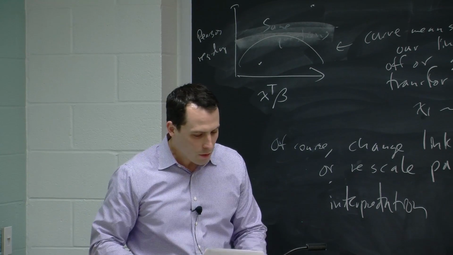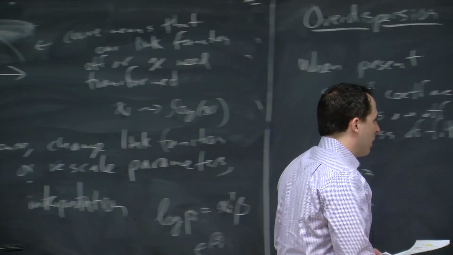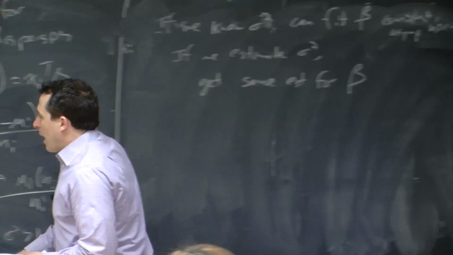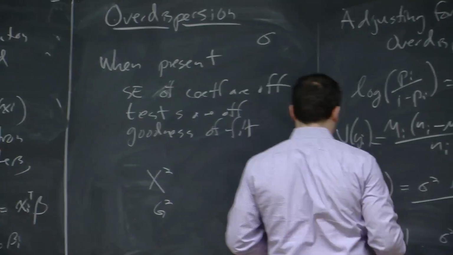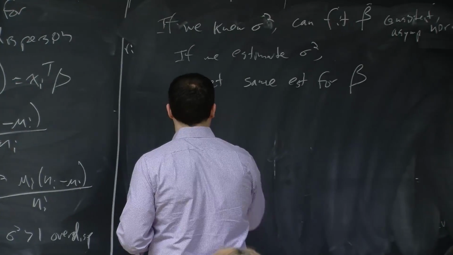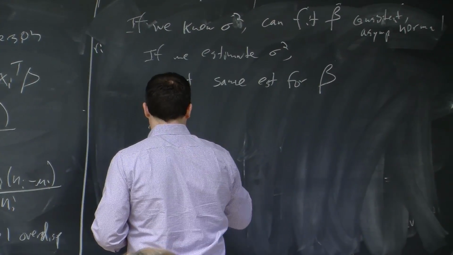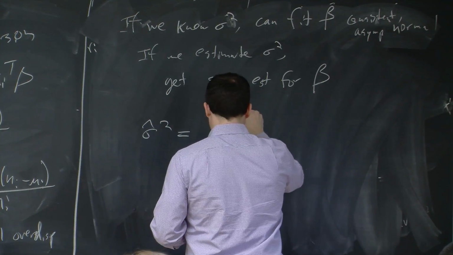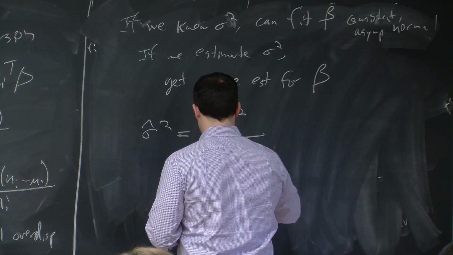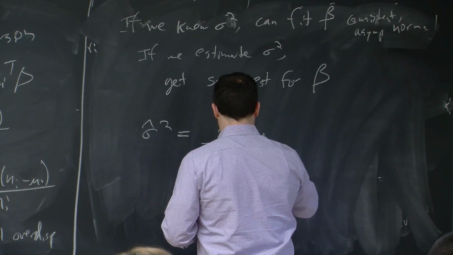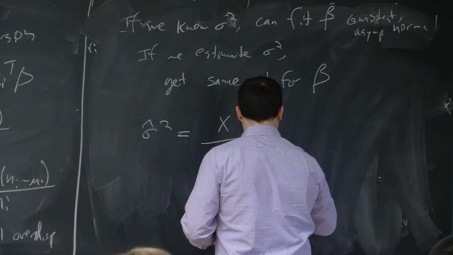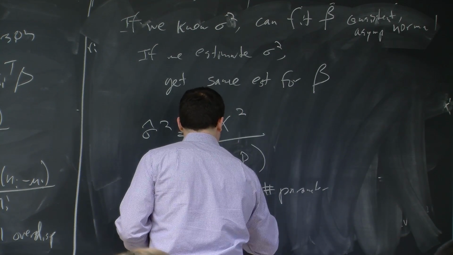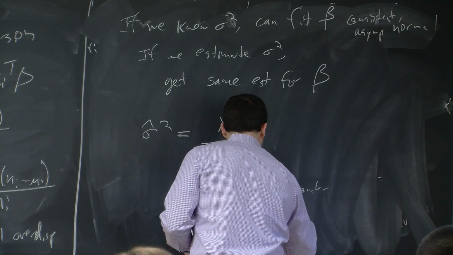So to actually estimate this thing, again, what we're basically going to do is use the failure to fit. Our estimate sigma squared hat is going to be the Pearson statistic divided by the number of parameters. This is the number of rows or groups.